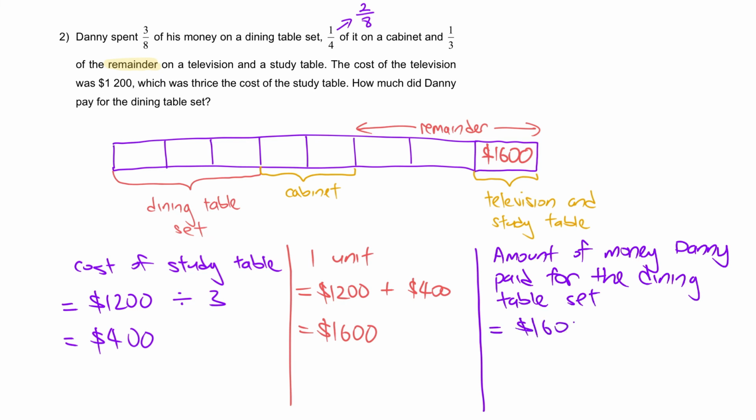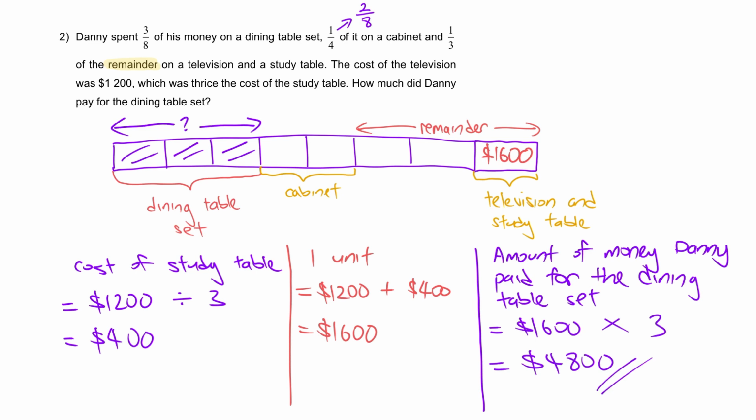So it's 1600 times the 3 units, right? This is what they are trying to find, these 3 units here. So times 3, you will get $4,800. Wow, must be some good quality table set. Okay, 4800. So we are done.